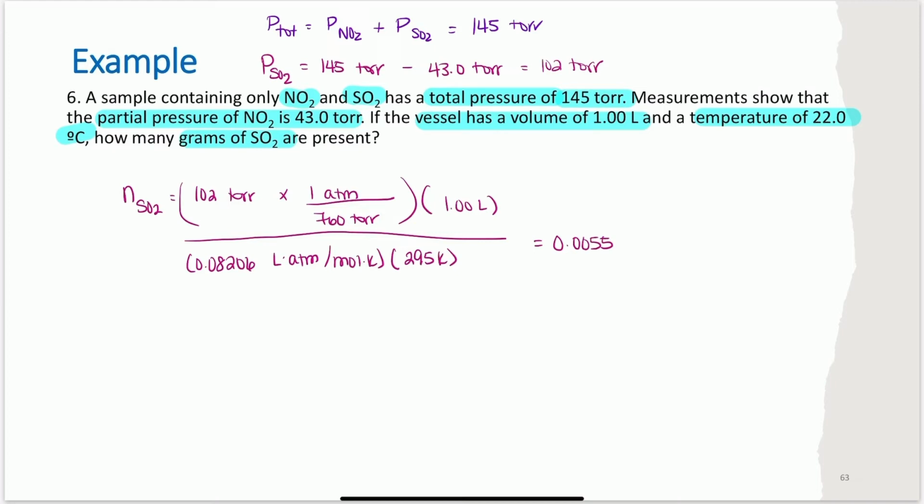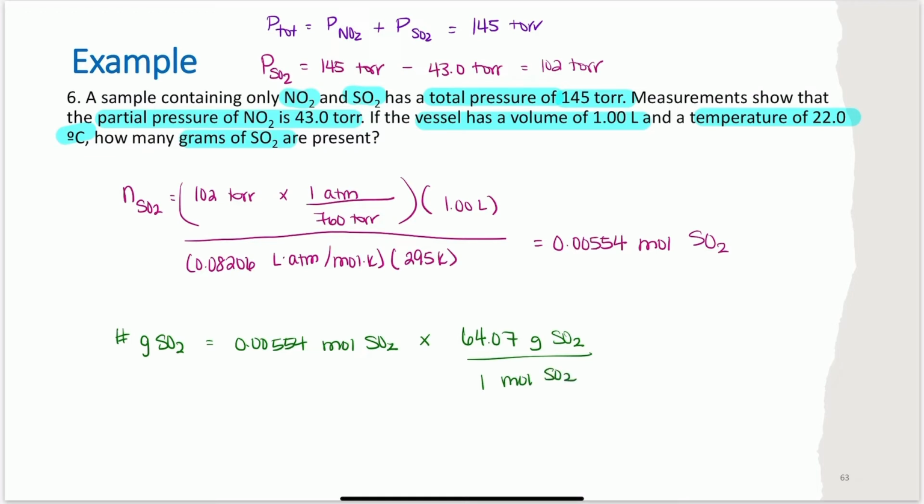How many sig figs? 3 sig figs. 0.00554 moles, and this is moles of SO2. So now I can find the number of grams of SO2. 0.00554 moles of SO2. The molar mass of SO2 is 64.07 grams per 1 mole. And this gives me 0.355 grams of SO2.